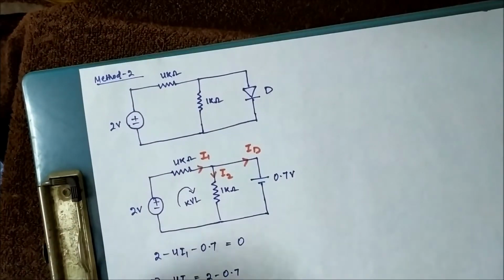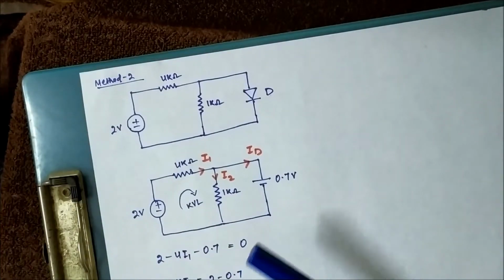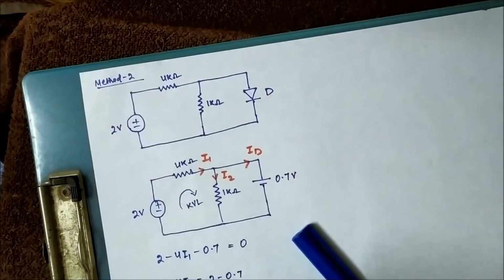So let us calculate how much this value is. 1.3 divided by 4 is 0.325.